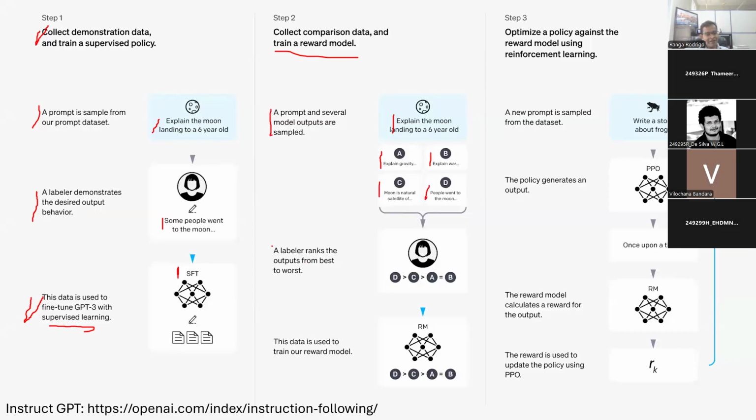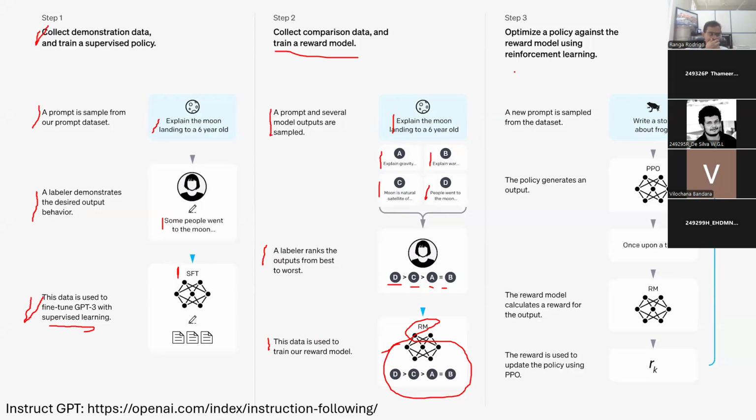And a labeler, a human being, ranks them. Okay, D is better than C, better than, and like that. When they rank them, this ranking data is used to train a reward model, RM. Reward model means you can say good or bad. That's enough. You can have better reward models.